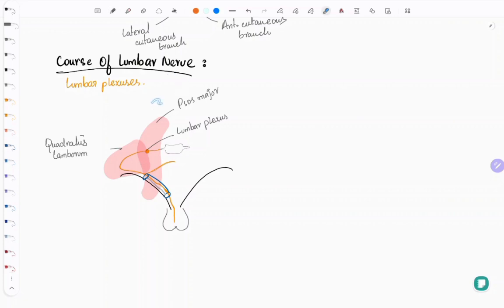So, the first lumbar nerve L1 arises from the lumbar plexus and extends behind the psoas major and the quadratus lumborum muscle.